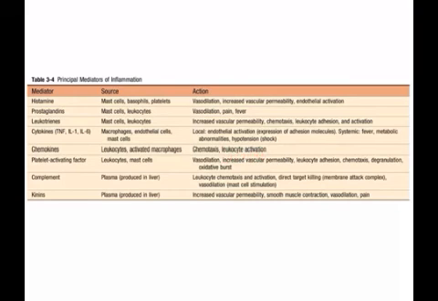And then platelet activating factor. Platelet activating factor is released from mast cells, which leads to activation of platelets, as the name itself implies, and it is also released by leukocytes.